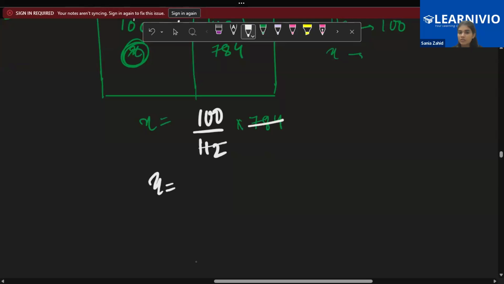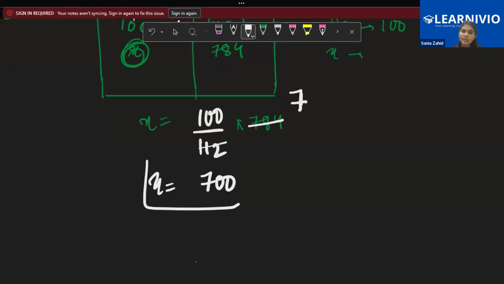Cancel these numbers. It's 7 times only, and 7 into 100 is 700. So you will get X is equal to 700.